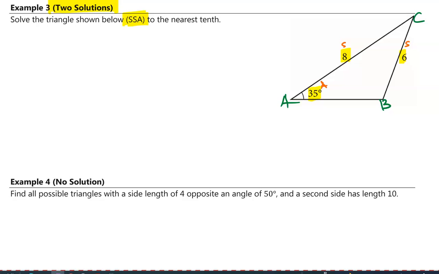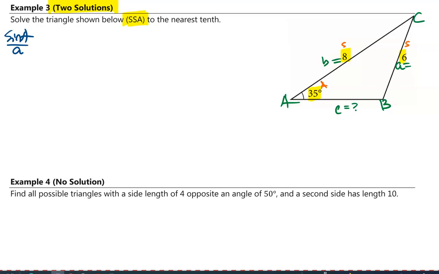So if this is angle A, this is side A, which is 6. This is side B, and this is side C. So let's use law of sines. Let's start with A.